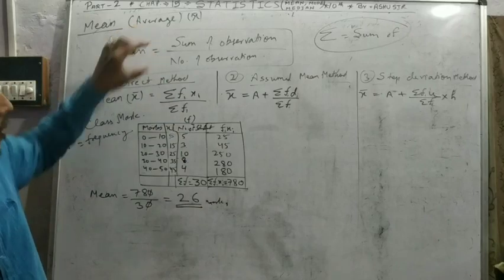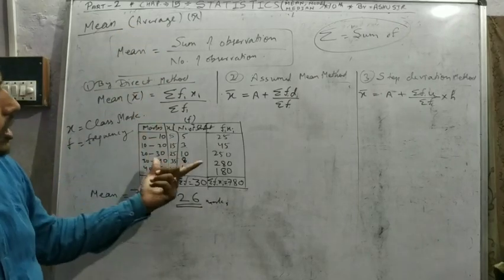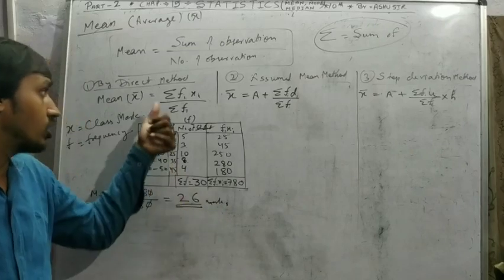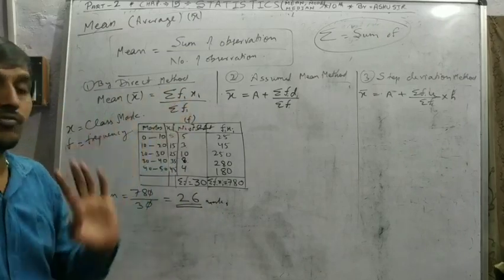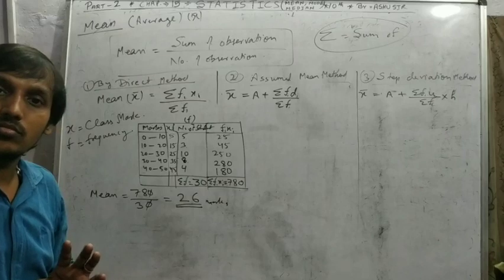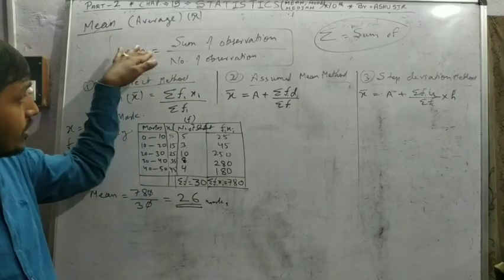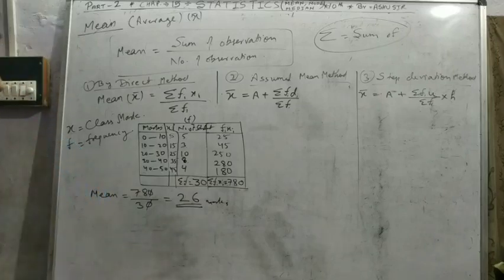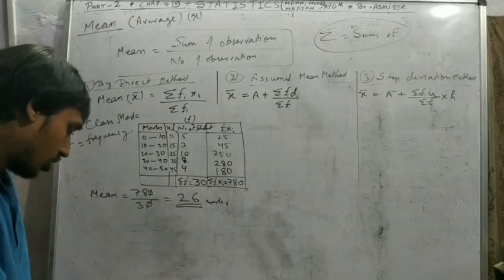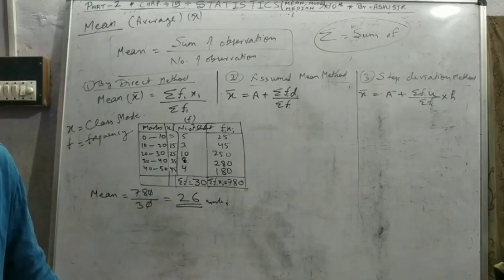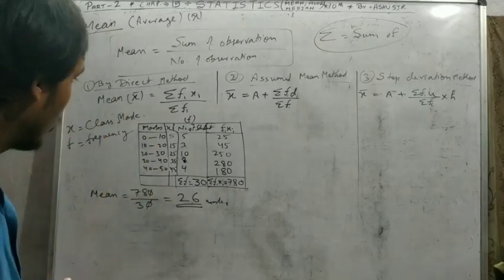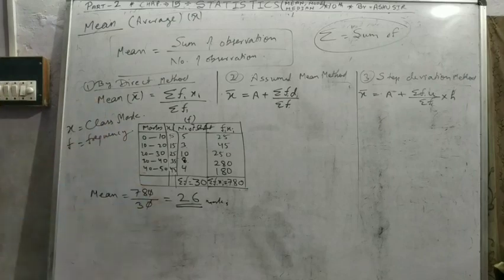This is the basic formula, but in tabulation form, a frequency distribution table, we can use fx upon f. The basic formula is the same, only compressed. You can pause the video and note this down. This is the first method to find the mean.